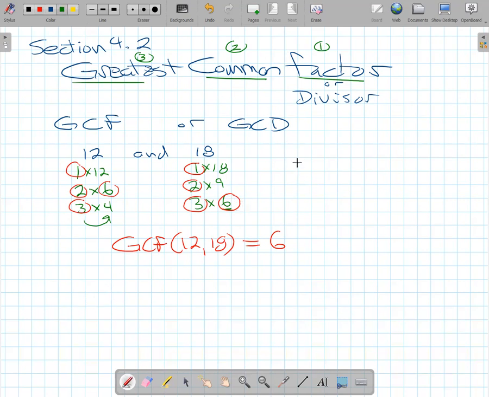Another way to do it is with prime factorizations. So this is what we call the list method.